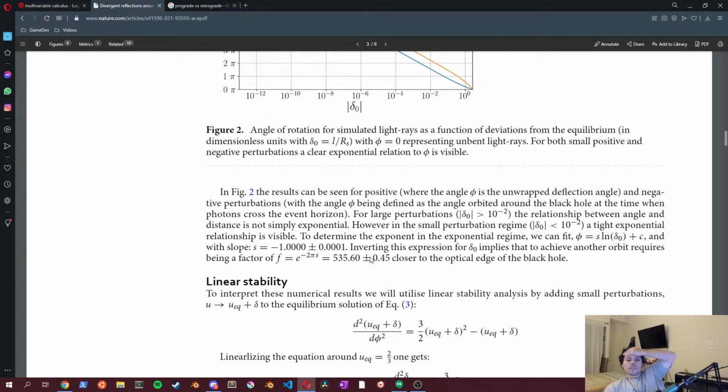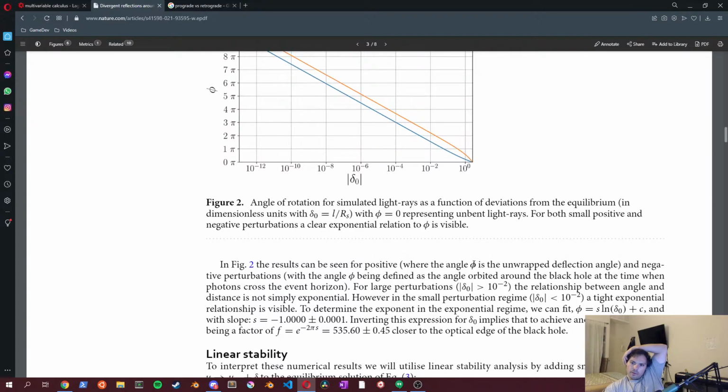For positive and negative perturbations. So when we have a positive perturbation in figure 2, phi is the unwrapped deflection angle.